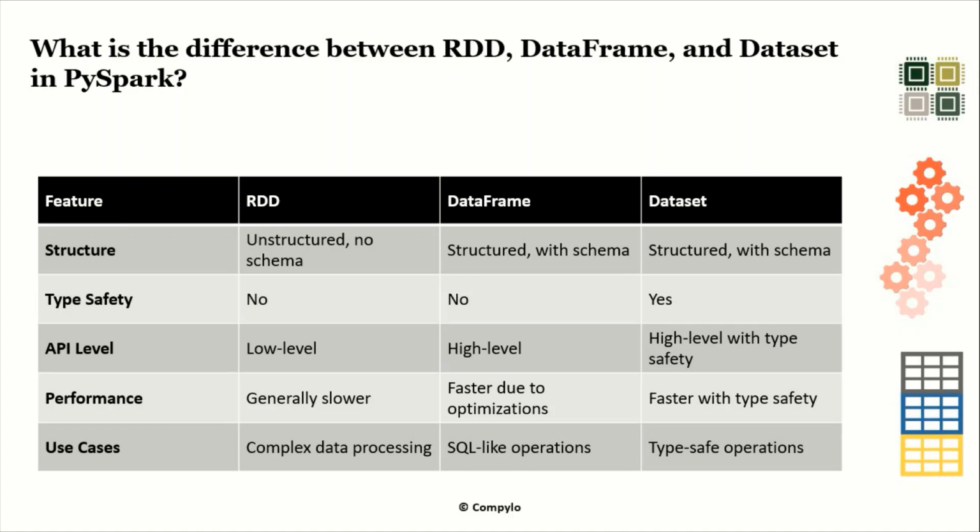API is low level for RDD but high level for Dataframe and Datasets. When it comes to performance, RDDs are generally slower but Dataframe and Datasets are faster. When it comes to use cases, we can use RDDs for complex data processing, DataFrames can be used for SQL-like operations, and Dataset can be used for type-safe operations.